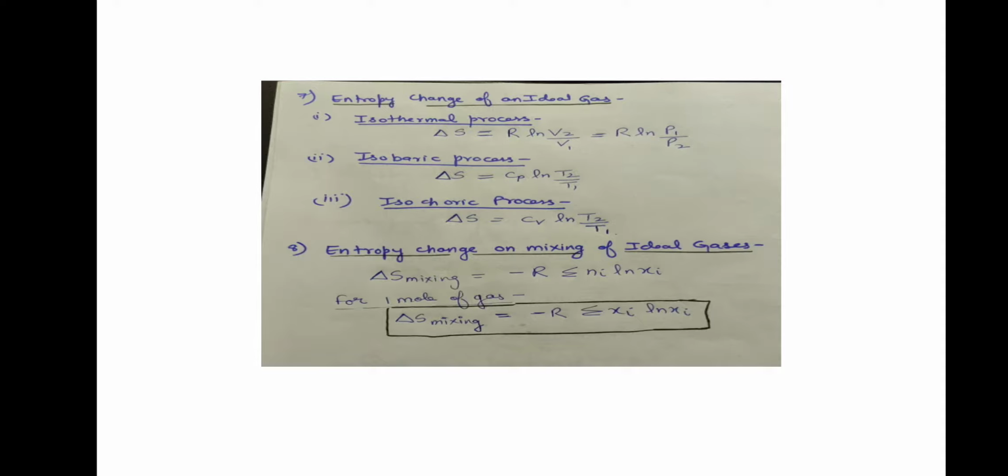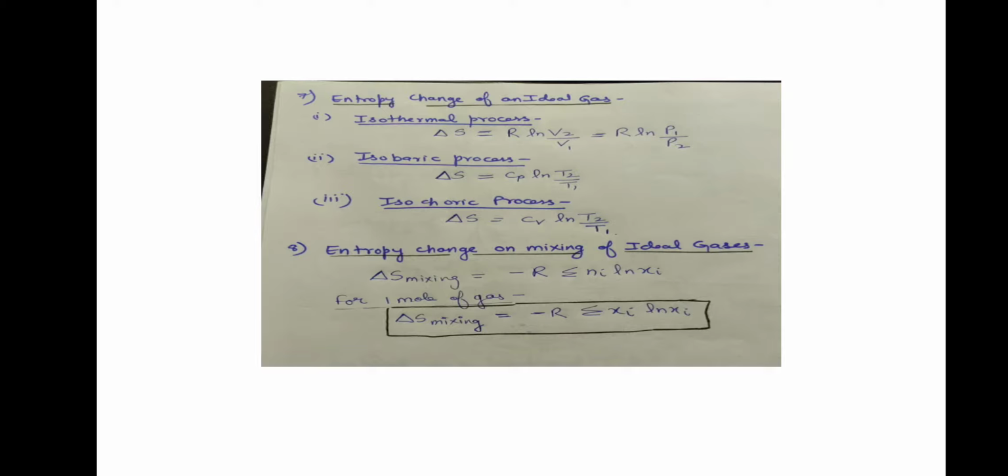Next, entropy change on mixing of ideal gases. So the formula is delta S mixing is equals to minus of R summation of Ni multiplied with ln Xi, where Ni is the number of moles of that particular component and Xi is the mole fraction.